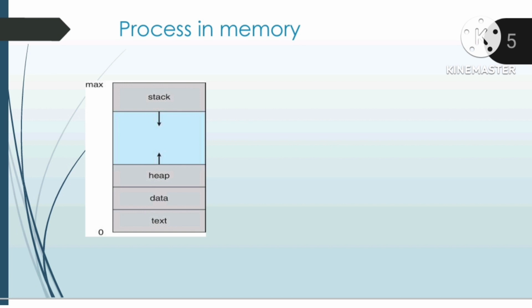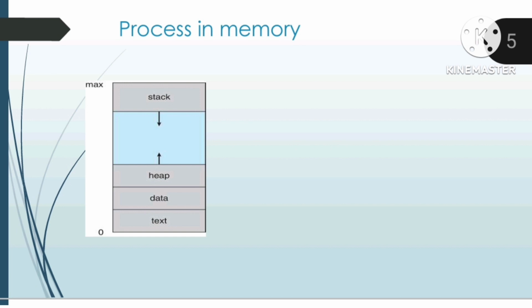Therefore, we will not declare the data structures unless they are required. So we have to have some space which will be used by the process later at some point of time whenever it is needed. For that reason, heap. So heap will be here.